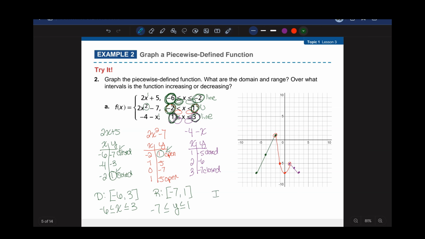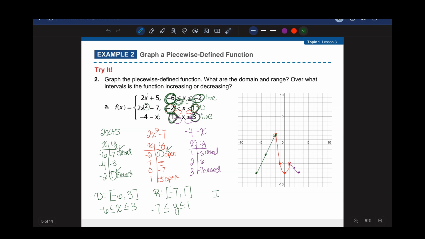We decrease until we get to 0. So from -2 to 0, we are decreasing. Starting at 0, we start increasing until we get to 1. So increasing from 0 to 1. And then from 1, we decrease until we get to 3. So 1 to 3.